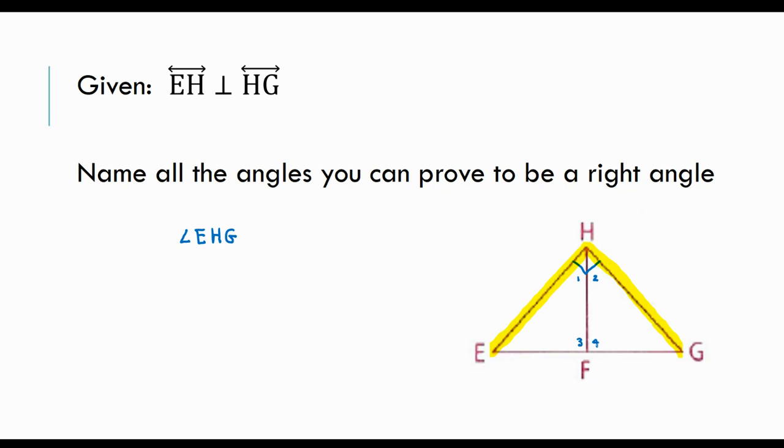These two little angles down here, which I called 3 and 4, you are not going to be able to say that they're right angles. Even though they might look like it, I don't know anything about being perpendicular over there, and so I cannot assume right angles. So angle EHG is the only angle that we can absolutely prove to be a right angle based off the given information.